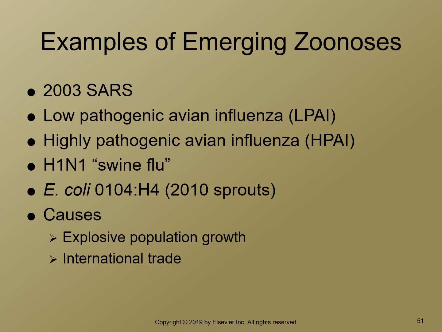Although not all-inclusive, some of the emerging outbreaks have included the SARS outbreak in 2003, the avian flu outbreaks in 2003 and 2004, the swine flu in 2009, and then in 2010, the E. coli outbreak in sprouts.